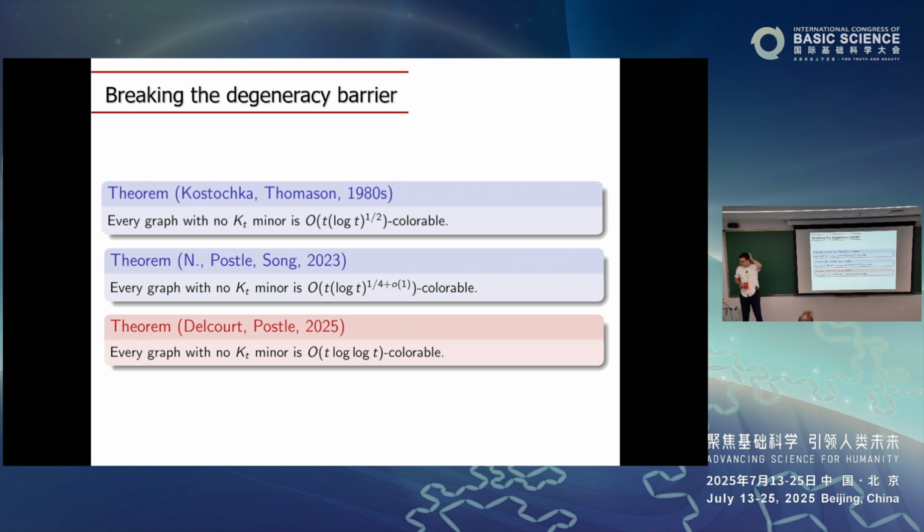And now the bound sits at a comfortable t log log t. So the ratio between what's known and what's true was significantly reduced to make it logarithmic. And now Luke Postle has his own Hadwiger counter-conjecture: he believes that the best that he can do is the truth.